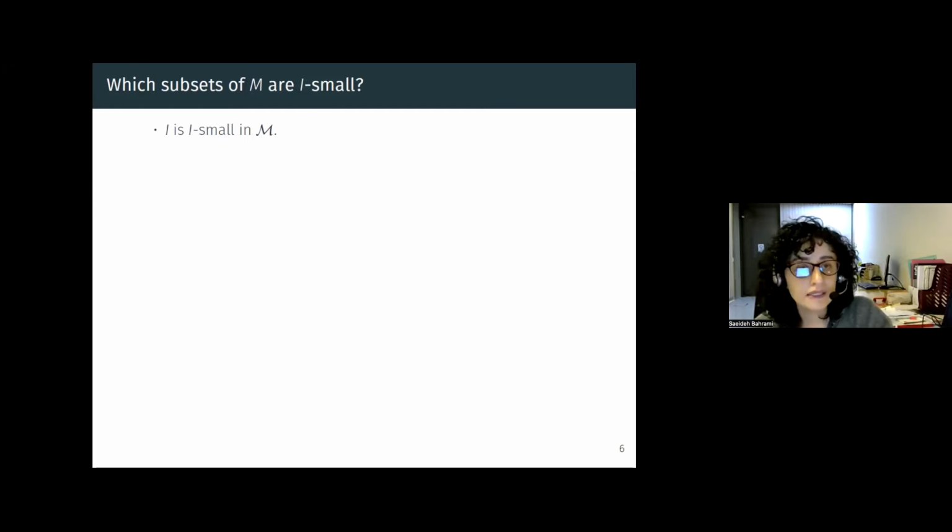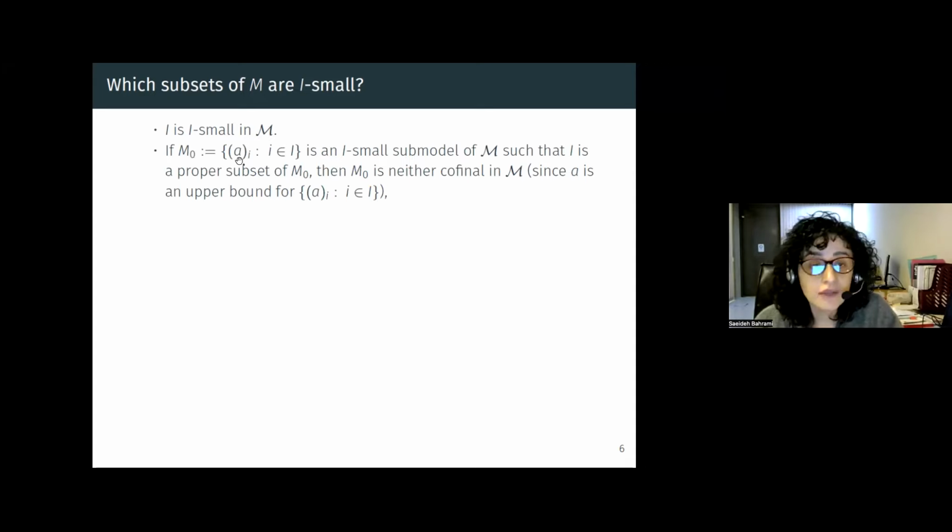First of all, let's see which subsets of the structure M can be I small. Trivially, I itself is I small, and whenever we have an I small submodel M0 of M such that M0 contains I, trivially M0 is not cofinal in M, since A is an upper bound.